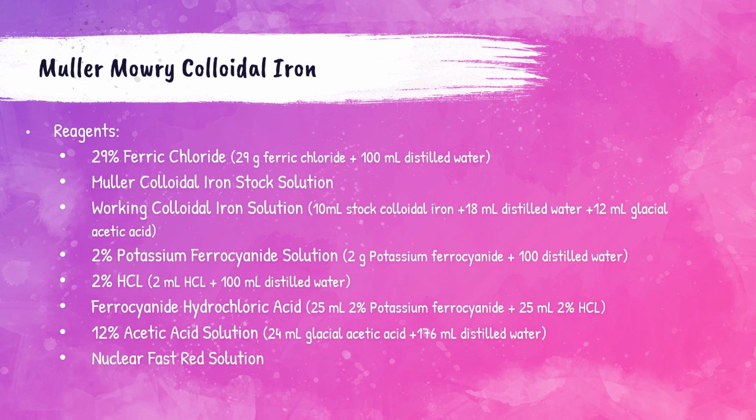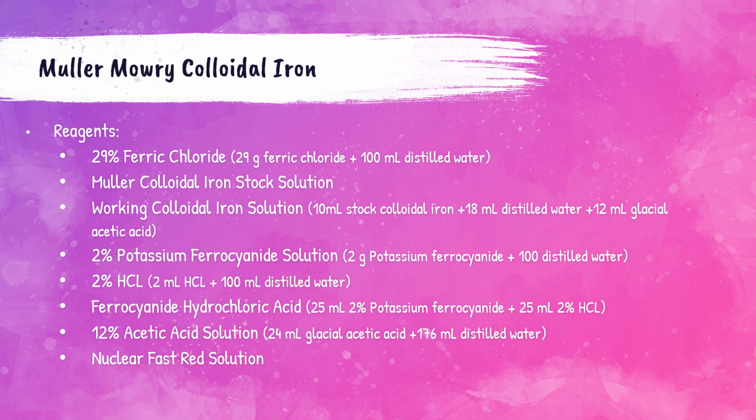2% potassium ferrocyanide solution, which is created by combining 2 grams of potassium ferrocyanide and 100 milliliters of distilled water. 2% hydrochloric acid, which is prepared by combining 2 milliliters of hydrochloric acid with 100 milliliters of distilled water.